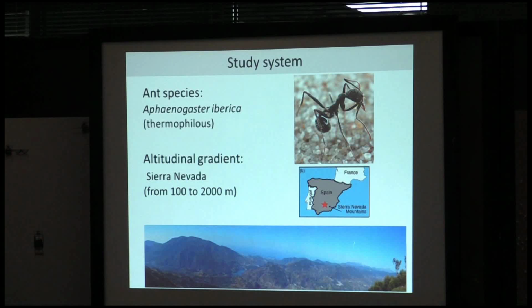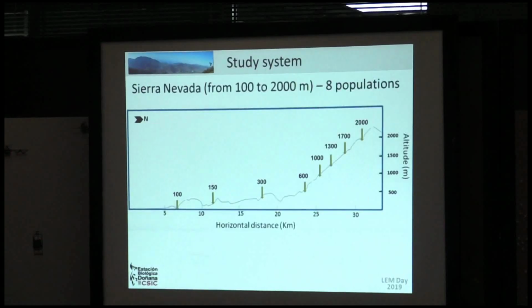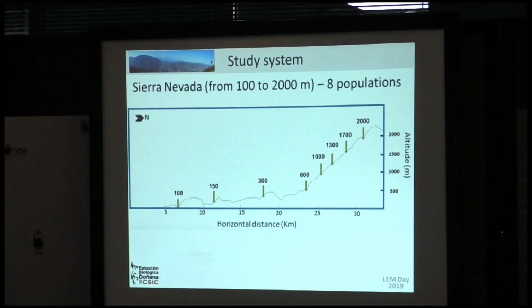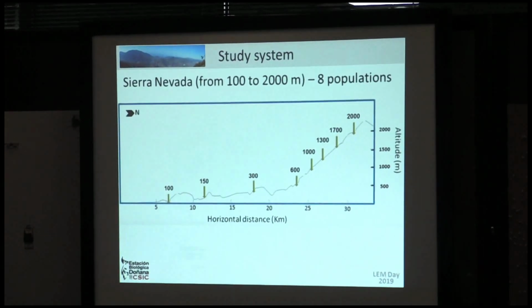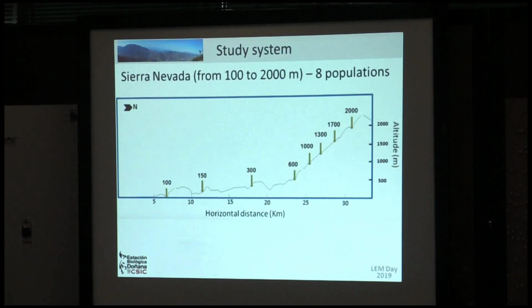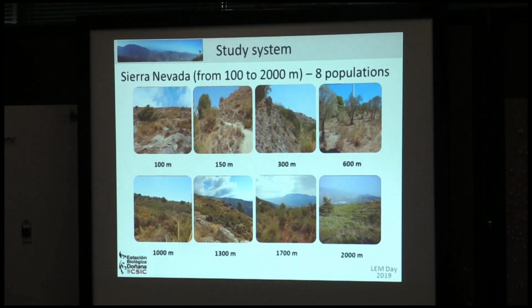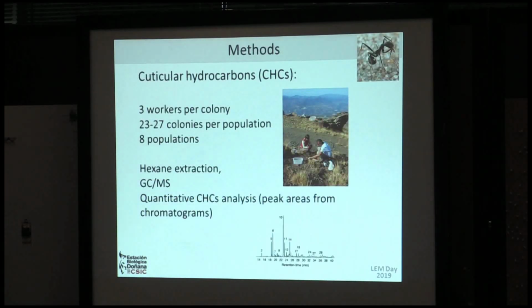I think you know very well where Sierra Nevada is, in an altitudinal gradient from 100 to 2,000 meters of altitude. These are the 8 different populations that we have been working with. As you can see, more or less all the populations are very similar: open habitats where these species live all the time, in shrublands or with scarce isolated trees.